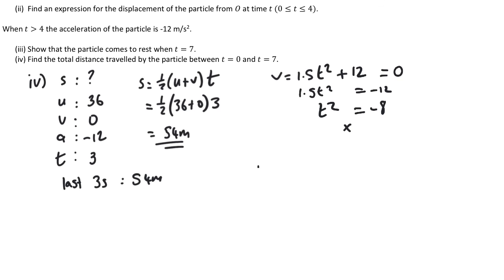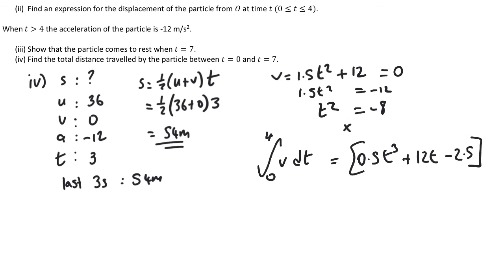So to work out the distance, we're going to integrate v between 4 and 0. So we already know the integral of v is 0.5t³ + 12t - 2.5. So we can evaluate that between 4 and 0.